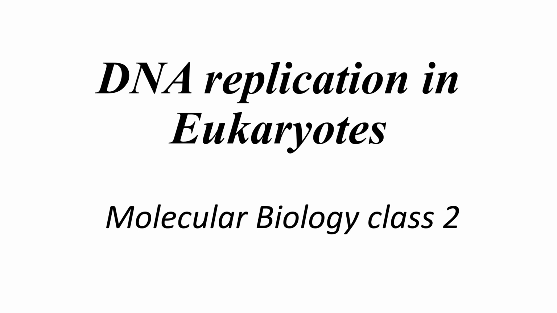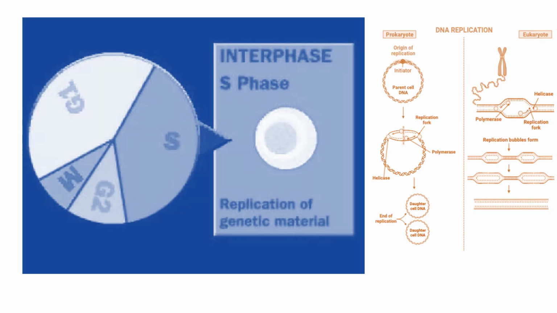This replication process occurs during the S phase of the interphase of the cell cycle. As you know, the cell cycle consists of an interphase, where the cell prepares itself for cell division, and the M phase, where actual cell division occurs. The interphase is again divided into three phases: the G1 phase, then the S phase or synthesis phase, then the G2 phase.